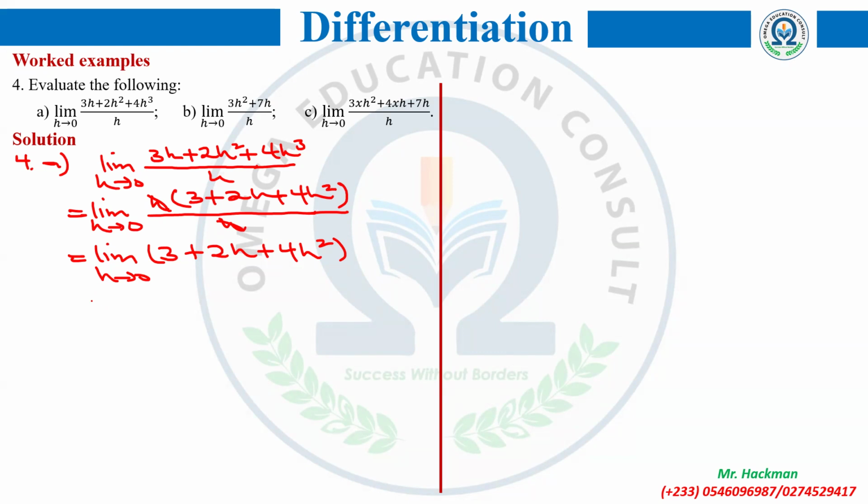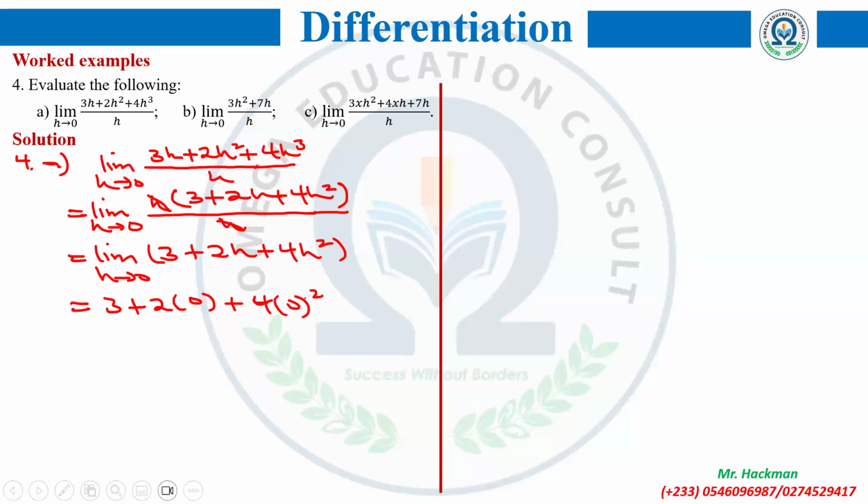So now we know this is just a polynomial. The denominator is 1. So for a polynomial, direct substitution is always allowed. I am going to substitute 0 wherever I see h in that simplified function. So that will be equal to 3 plus 2 into 0 plus 4 into 0 squared.